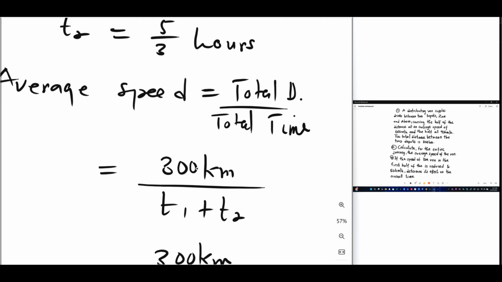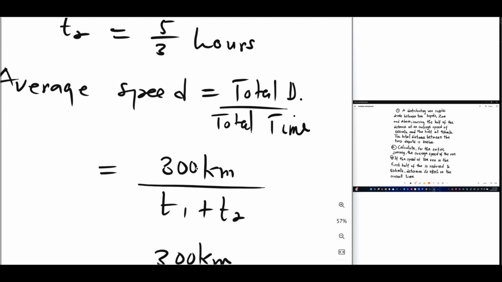The speed of the van has been reduced. First, it was 60 kilometers per hour, and it has been reduced to 50 kilometers per hour. So they want you to determine the effect that it will have on the overall time.